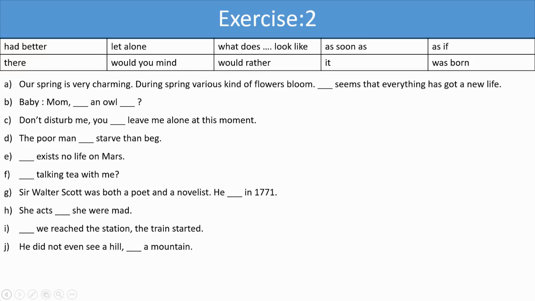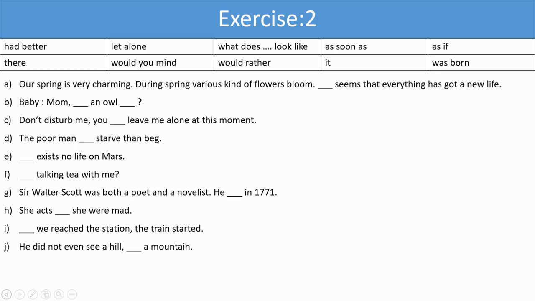Now exercise number 2. Our spring is very charming. During spring, various kinds of flowers bloom. It seems that everything has got a new life. It is the introductory it here. Number B. Baby: Mom, what does an owl look like?